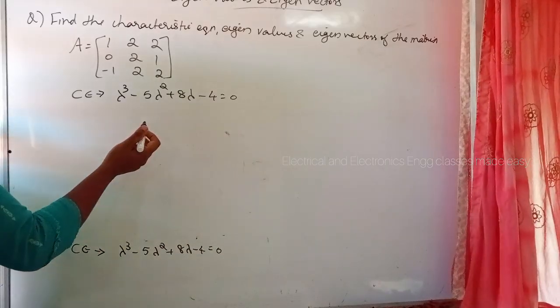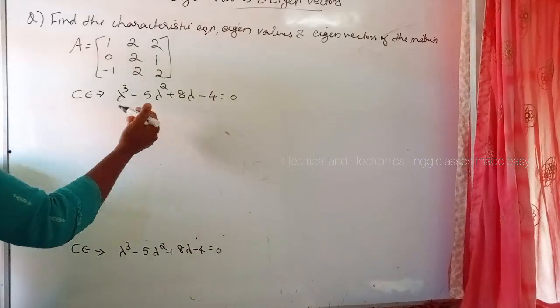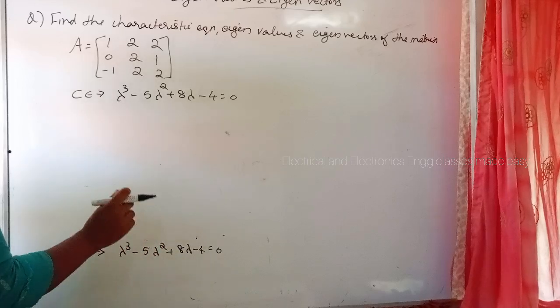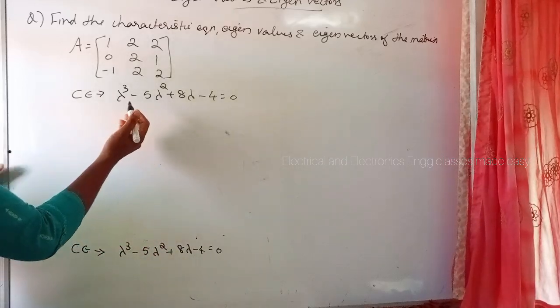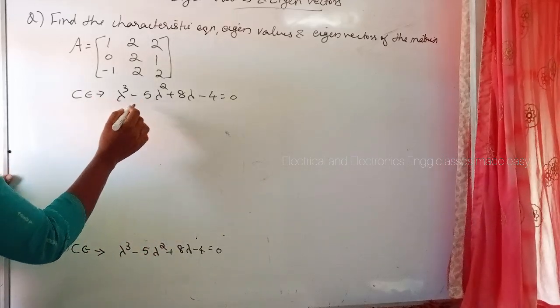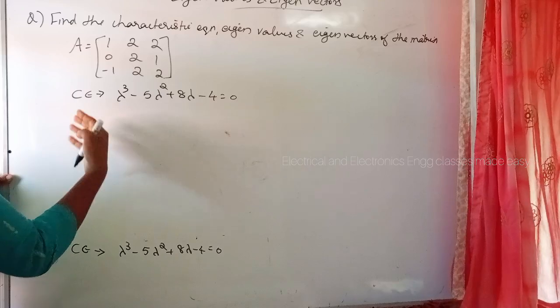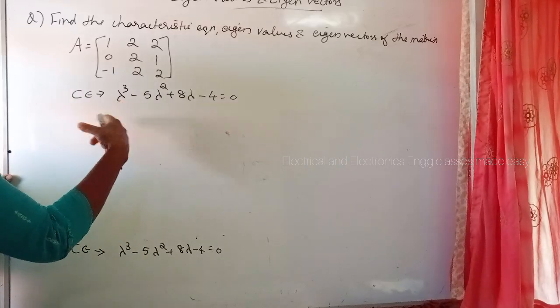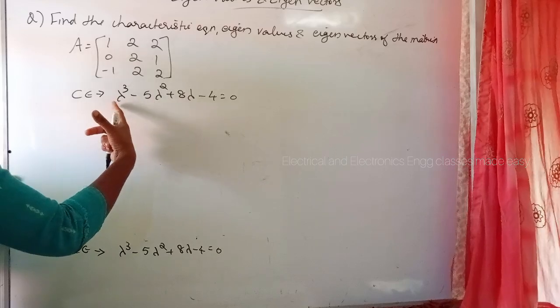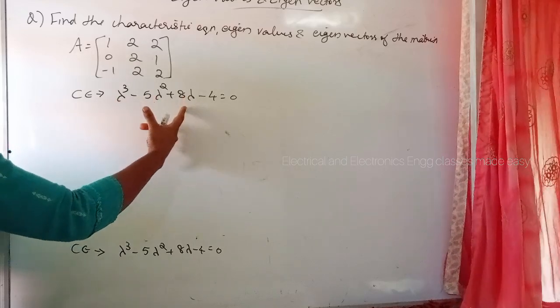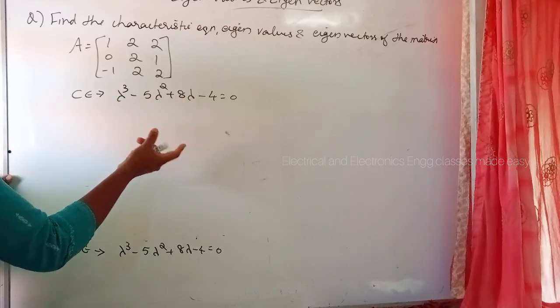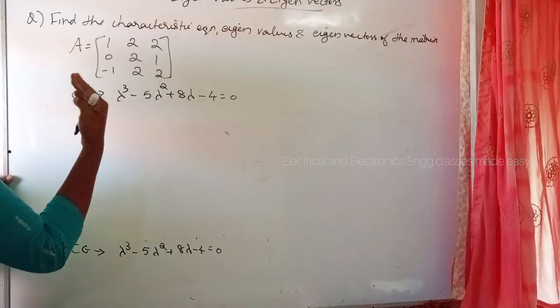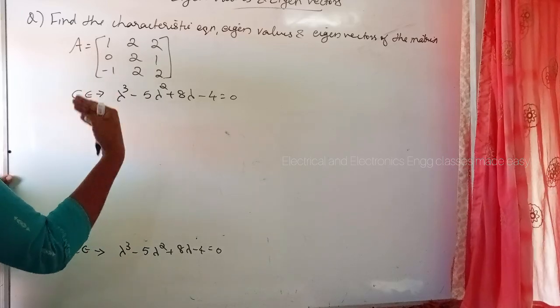Here we can use the calculator to find the roots of this equation, or without using the calculator we can find the roots. That is, just put in values starting from 1: first put the value 1 and check whether it satisfies this equation, or next try minus 1, then 2, minus 2, like that.